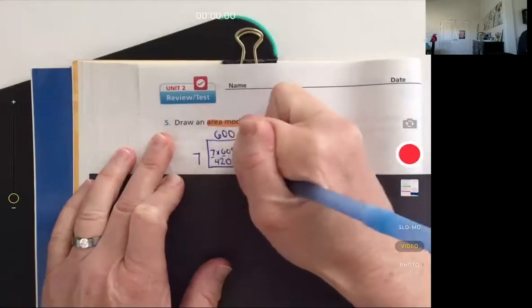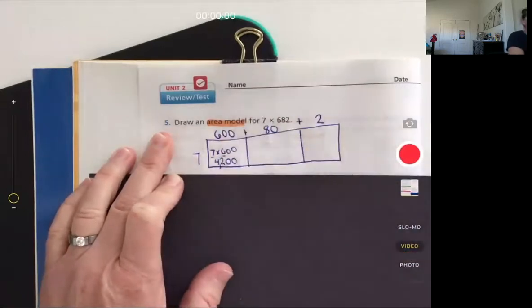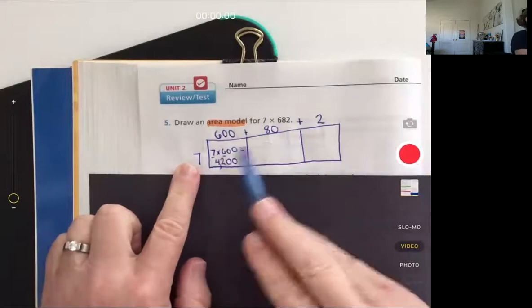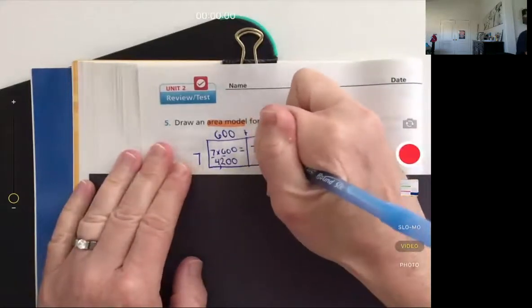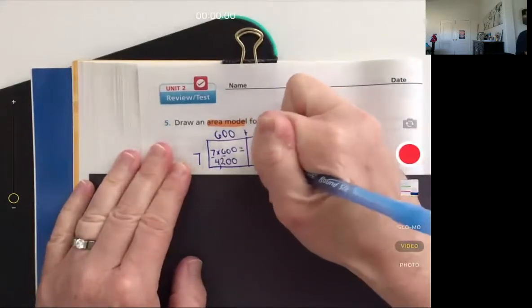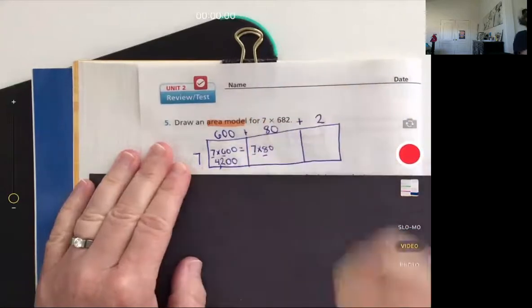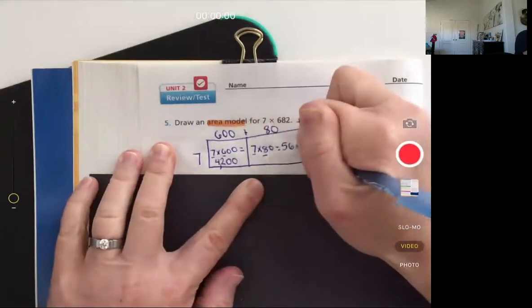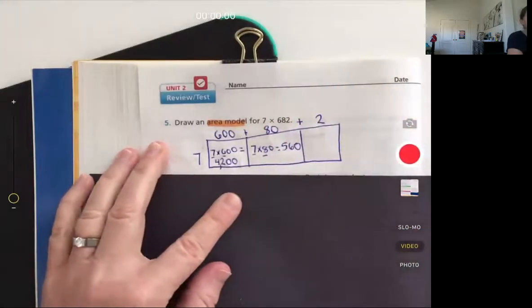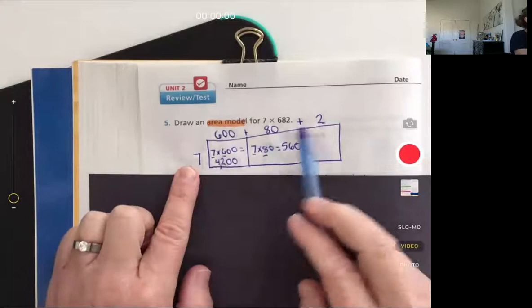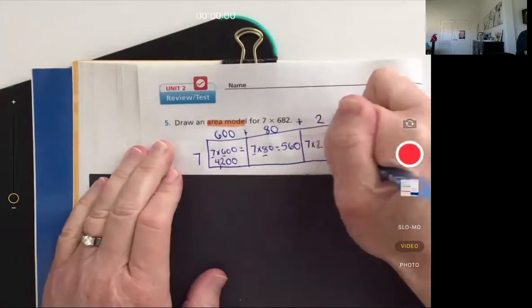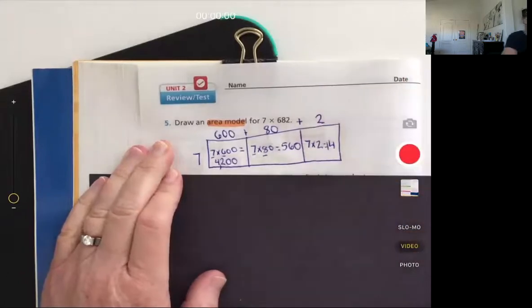There are 2 zeros in hundreds, so 4,200. Going to the 10s, 7 times 80. I know 7 times 8 equals 56. Add a 0 for the 10, 560. Plus 7 times 2, those are our ones.